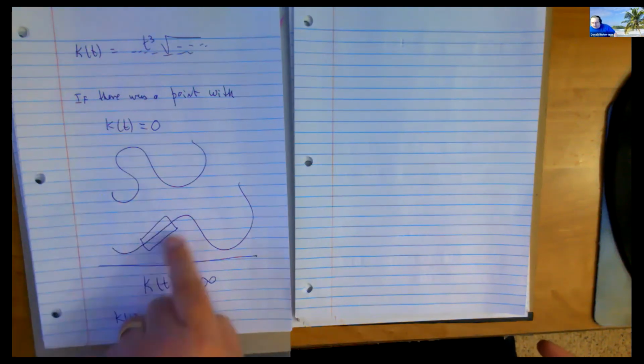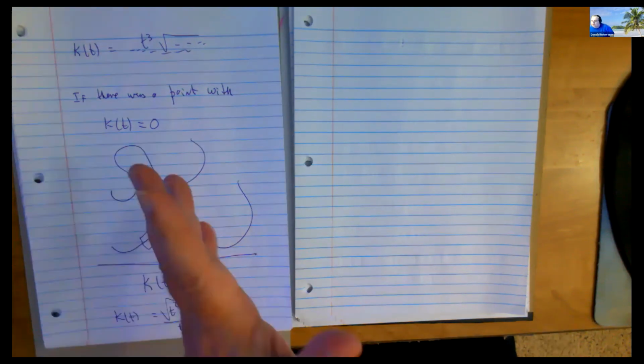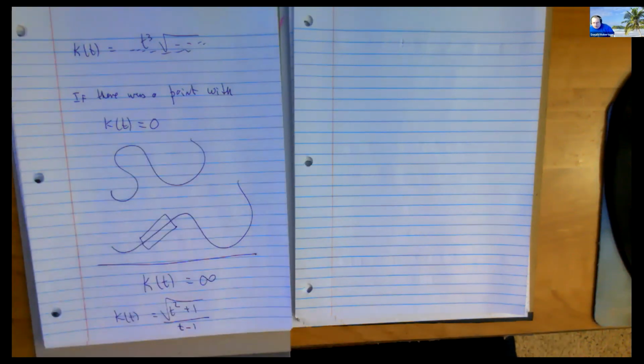Okay, that one's a little bit harder to imagine. I can imagine a space curve being linear and having 0 curvature at certain places along its life. What do you think an infinite curvature would look like? What would be happening at the curve at t equals 1 in this case?